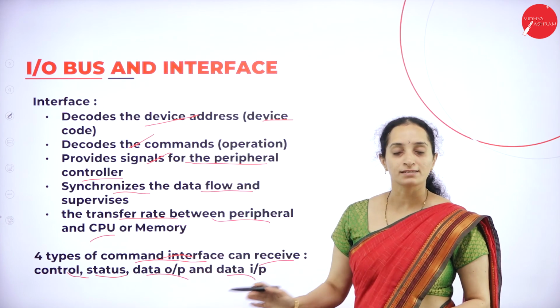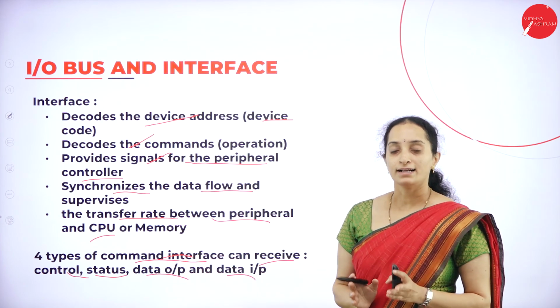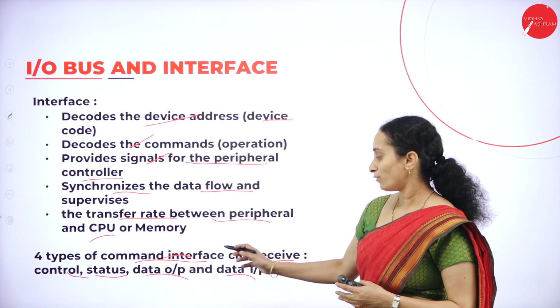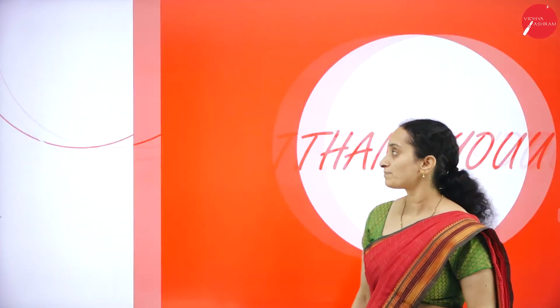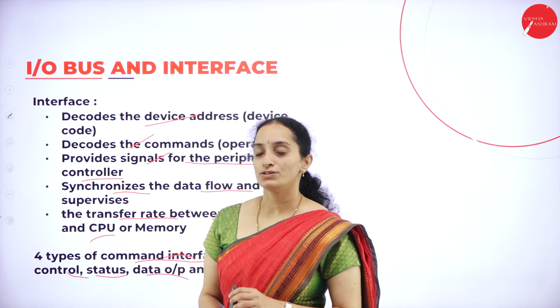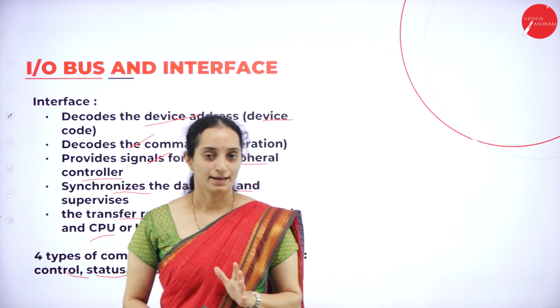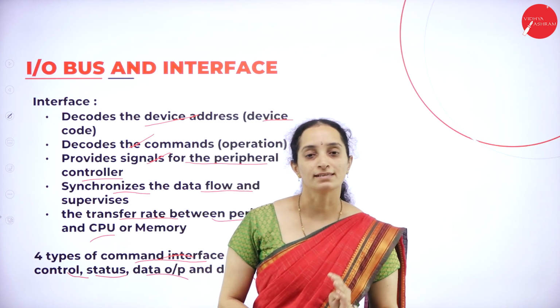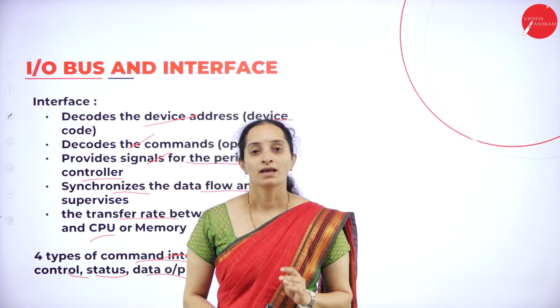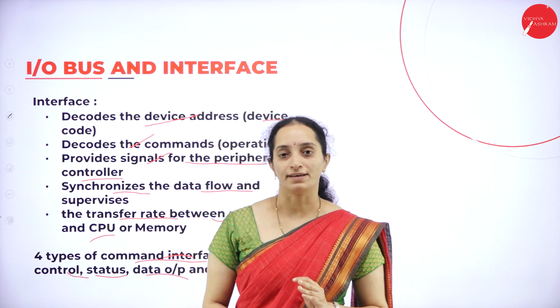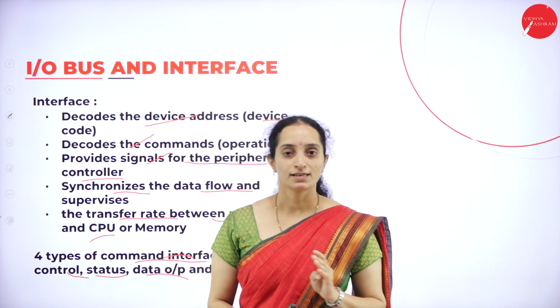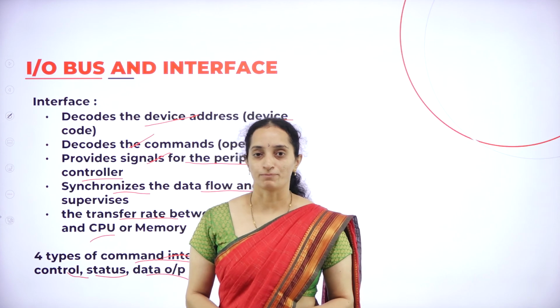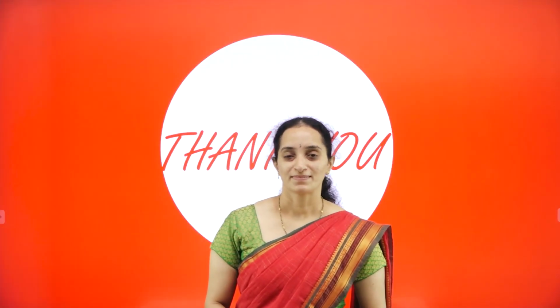So every task will be handled and supervised by one of the interfaces, and is monitored usually by the input-output interface and the memory-related interface. This is all about the input-output interface we usually use in a general computer. All right. Thank you.